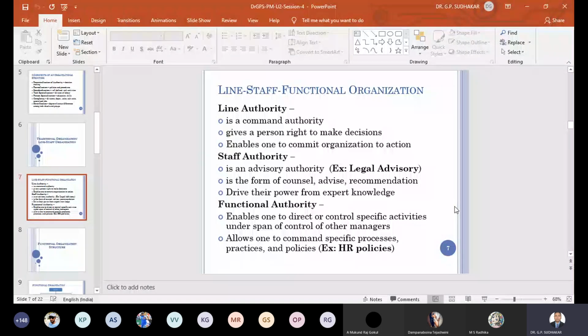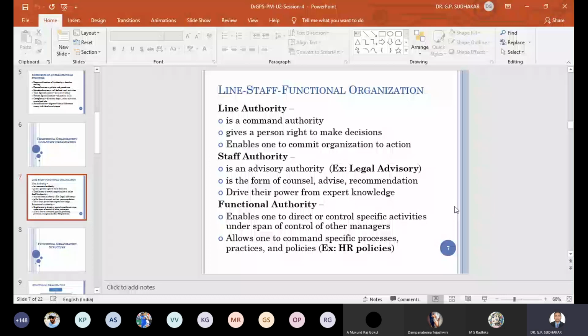For example, HR managers, functional managers, can ask for different documents from the project managers. This is called functional authority. The line and staff organization structure is traditional, the first category of organization structure that evolved. That is the reason it is called a traditional organization structure, right?